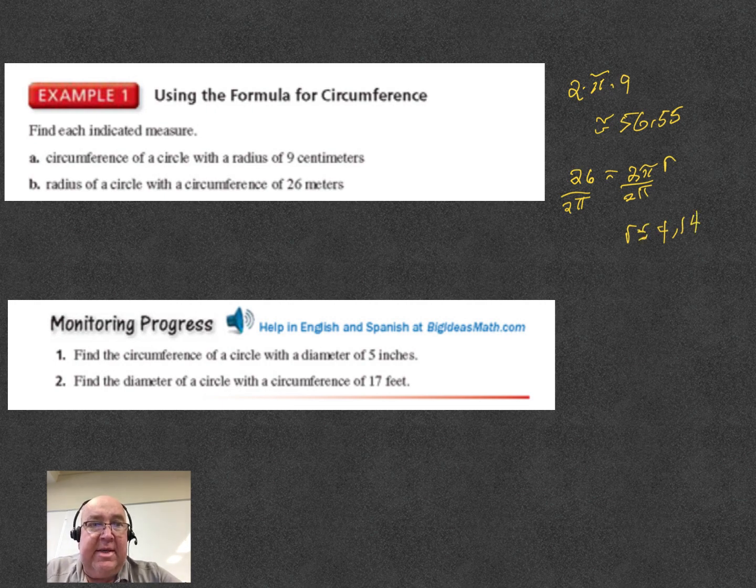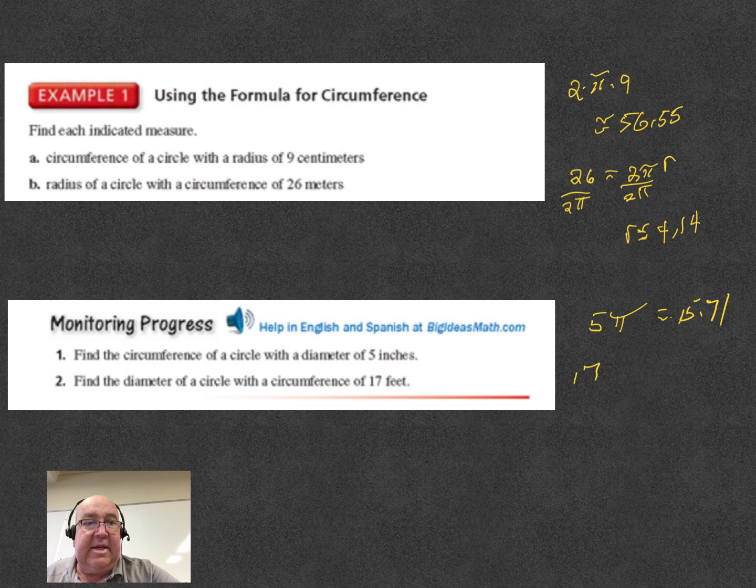And for monitoring progress, here we're given a diameter of 5. So we're going to have 5 pi, and that's going to be about 16.76. Let me pause for just a second. That equaled about 15.71. Here we're given a circumference and asked to find the diameter.